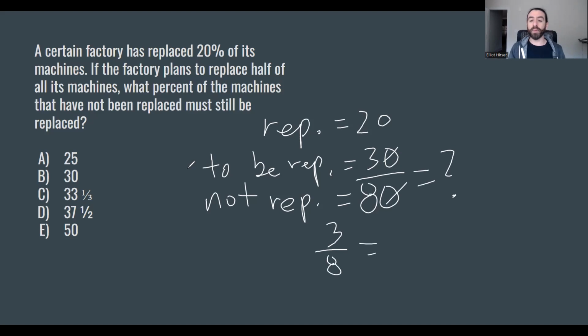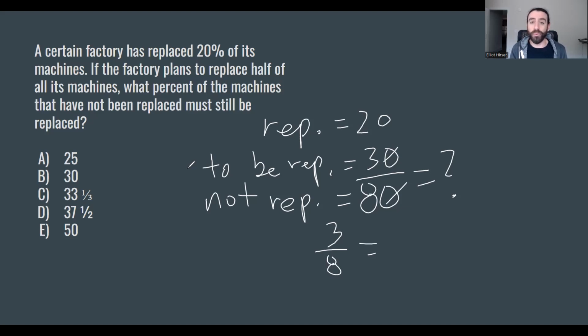If you're a good memorizer, then I would say knowing that 1/8 is 0.125 and multiplying by 3 to get the answer here is probably the way to go. But otherwise, what we definitely all know is a 1/4 would be 25%, and an eighth is half of 1/4. So if we cut 25 in half, we'd have 12.5.